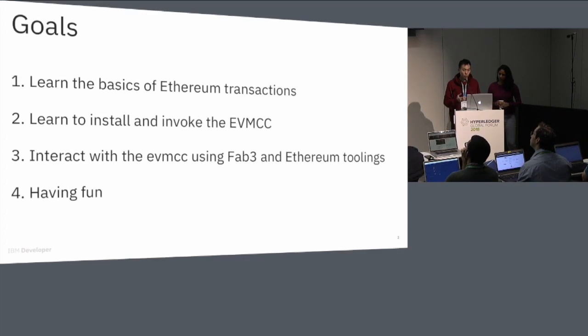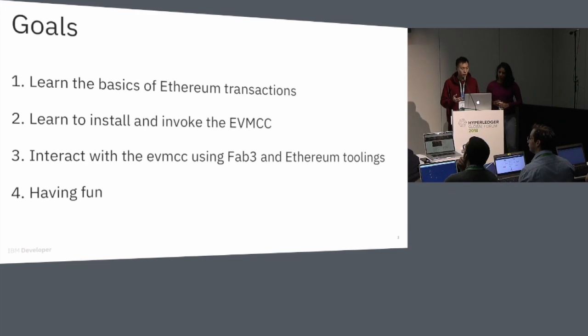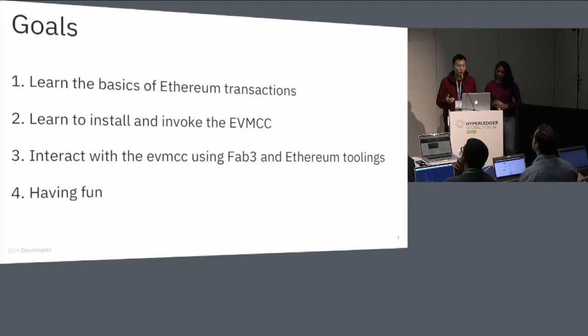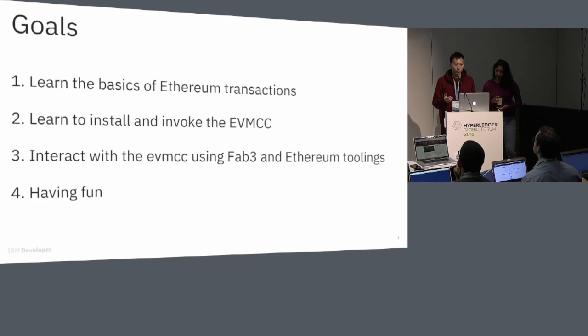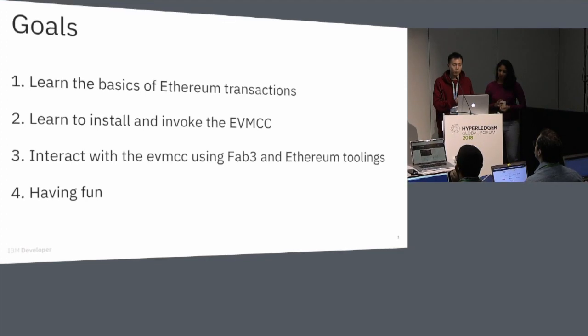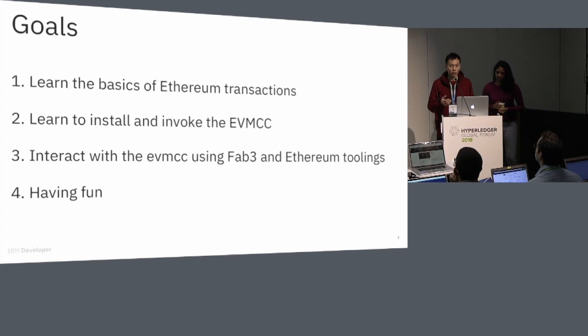And we will learn how to interact with the smart contract we just deployed in EvoCC with Fabric peer commands, the ones you normally use to interact with other Fabric contracts, and also with Fab3, which is a proxy we developed to support the Ethereum JSON RPC APIs.